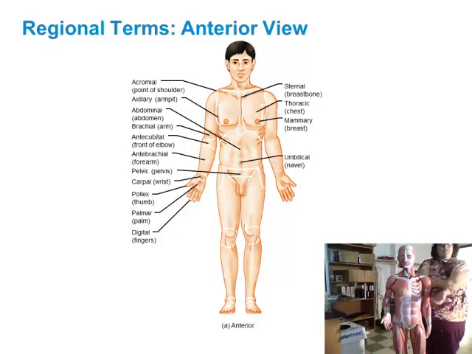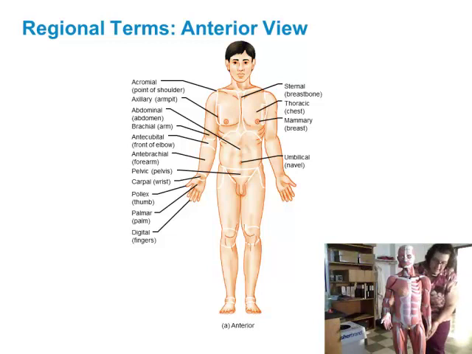Whenever you see ante, A-N-T-E, even in something like anterior, it means coming before or in front of. So the forearm comes in front of the brachium. The antebrachium comes in front of the brachium. We also have the region of where the elbow folds in. That's the antecubital, that folding in part of the elbow.